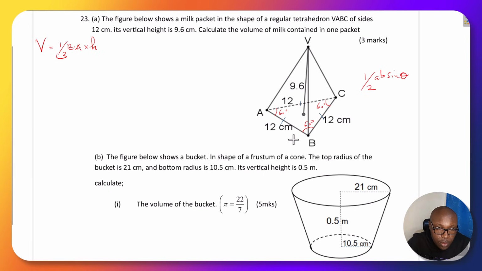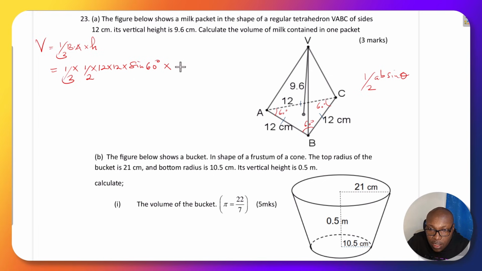When you have any two given sides and an included angle, an angle between the two given sides, you can use this formula. So therefore, volume is equal to a third times the base area, which is the area of the triangular base, given by a half times ab, any two given sides, 12 times 12, times the sine of the included angle, which is 60. So that is the base, and then we multiply by the height.